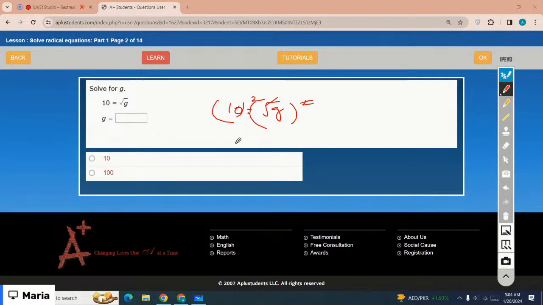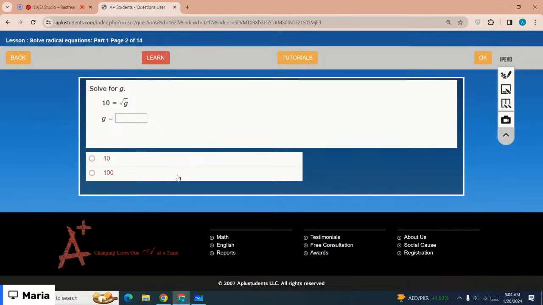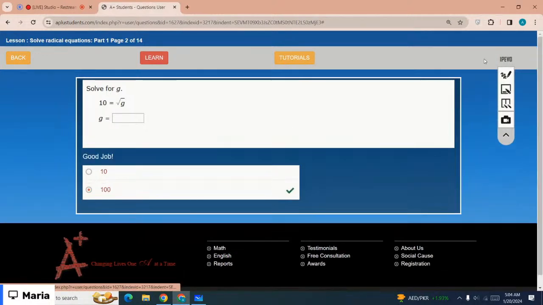So square and square root cancel out, you are left with g equals 100, right? The correct option is 100. Option number 2 is the correct option. The correct option is g equals 100.